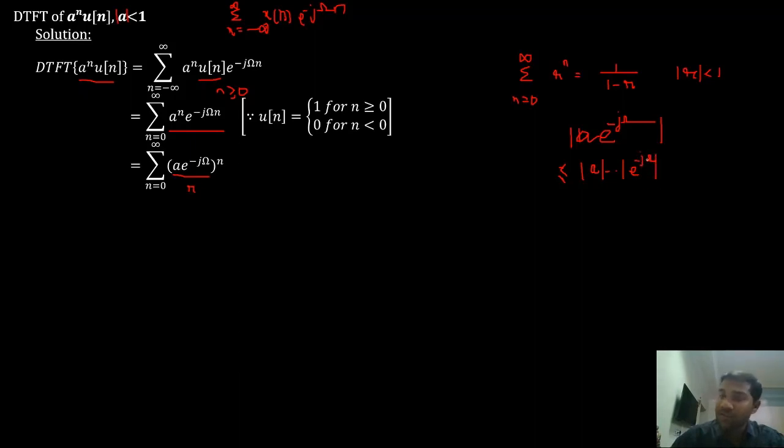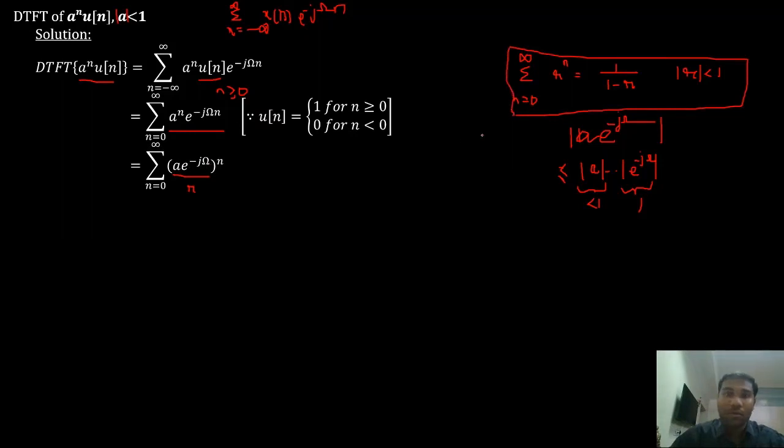Mod e power minus j omega is 1, and mod a is less than 1, so the total value is going to be less than 1. Since a into e power minus j omega has value less than 1, I can use this formula.